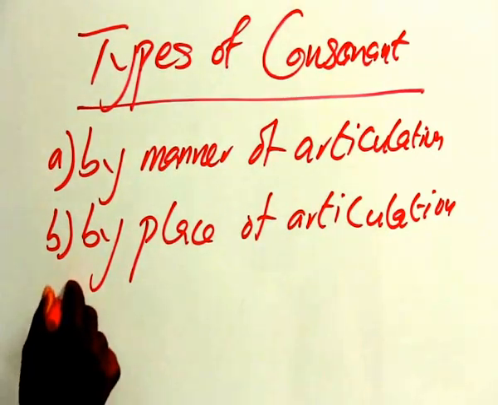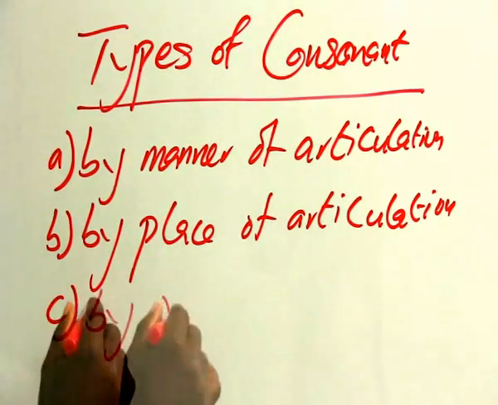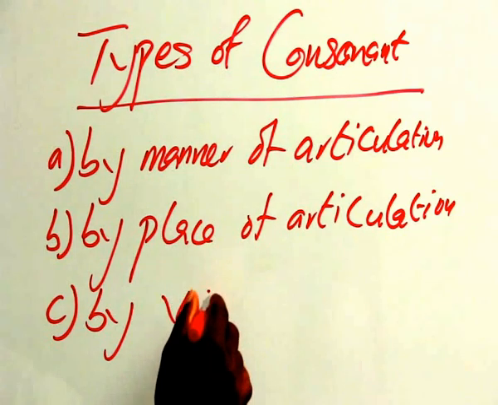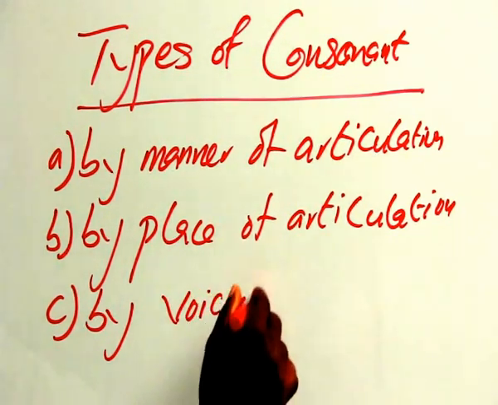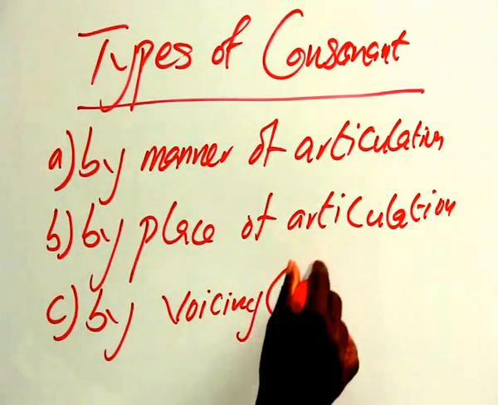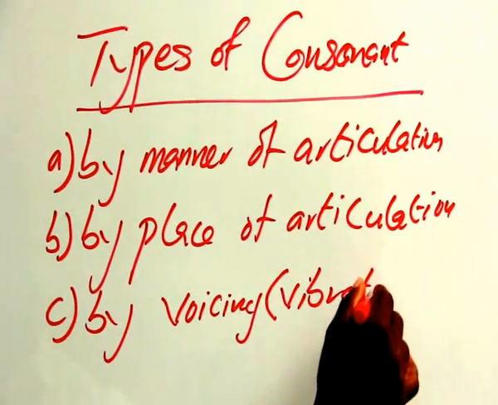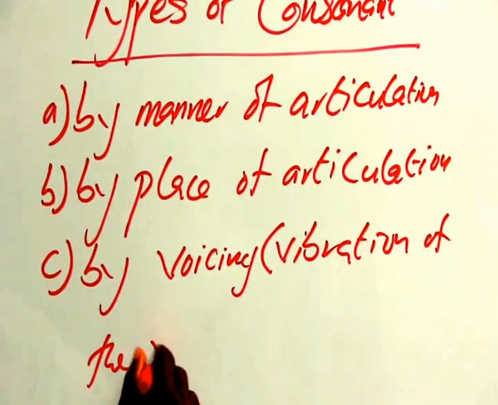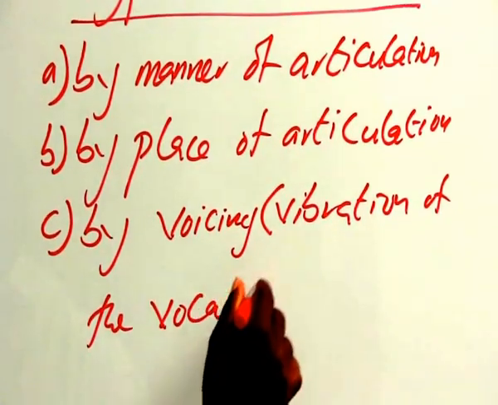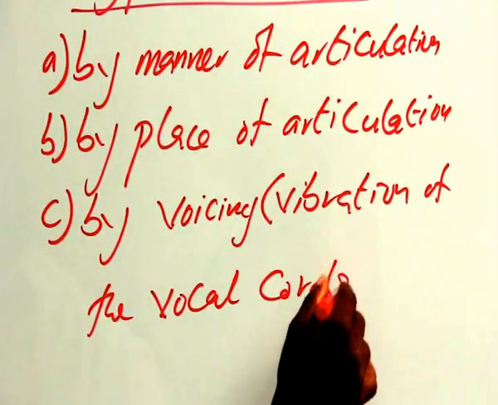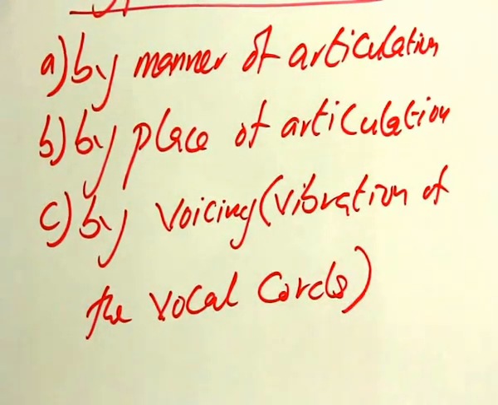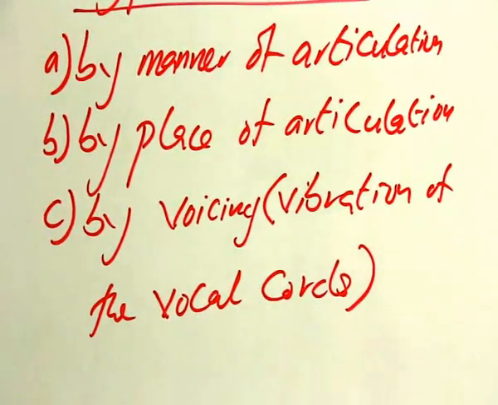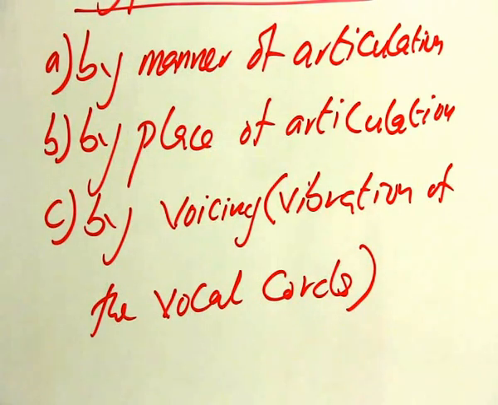Now, the third criterion is by voicing, which means vibration of the vocal cords. So these are the three ways through which we classify consonants.